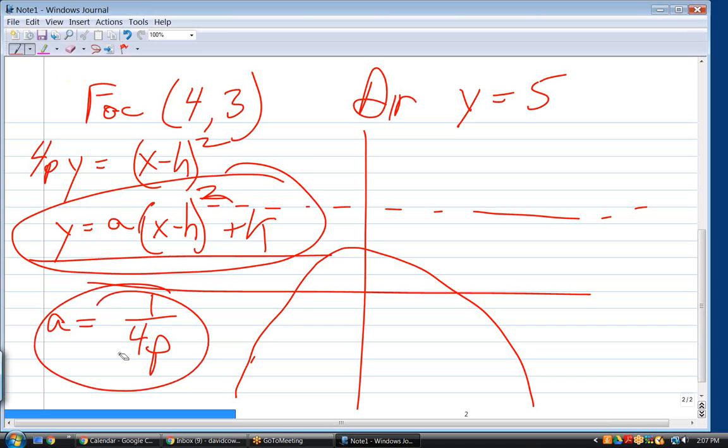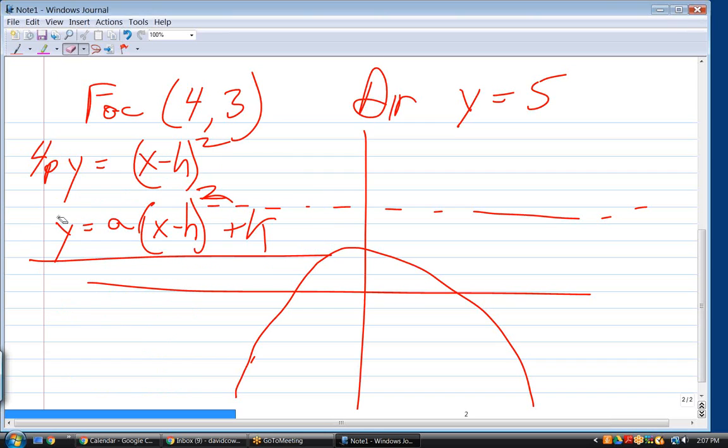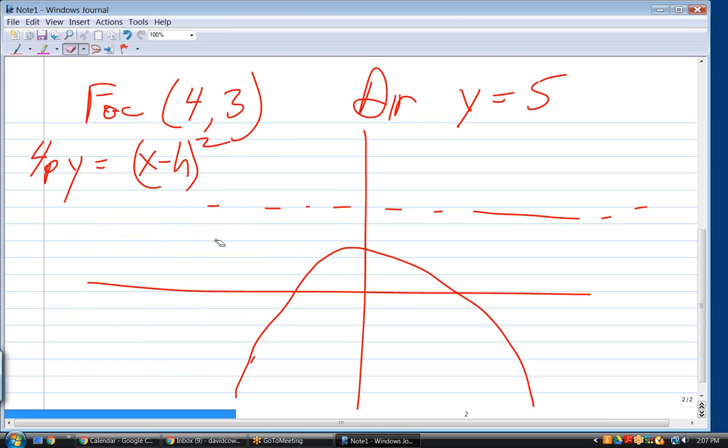But here in Colorado, they put it in this format, and there must be a plus k also. It doesn't really matter which format you use as long as you know which one you're using.